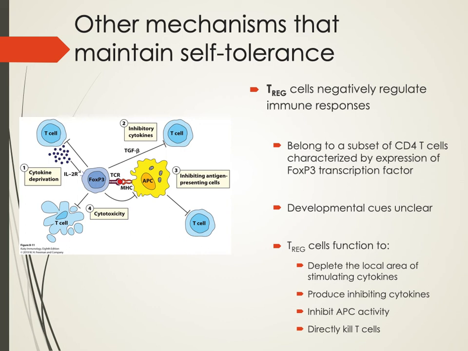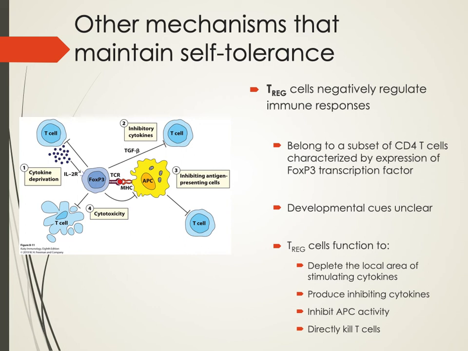Some of the functions of the T regulatory cells are to deplete the local area of stimulating cytokines. They bind those cytokines, so they're not available for your other T cells. They can also produce inhibitory cytokines so that they send a signal for those cells not to activate. They can inhibit APC activity, so that those APCs don't present to other T cells.